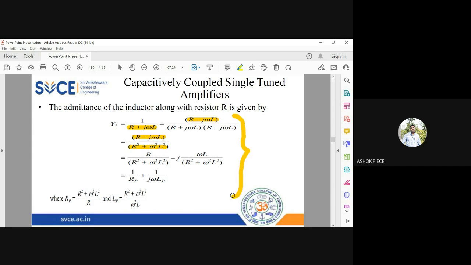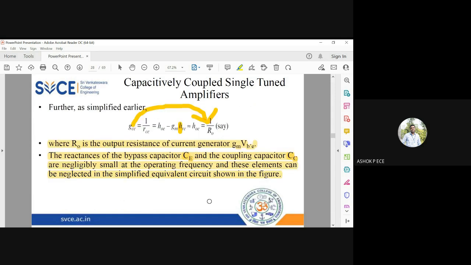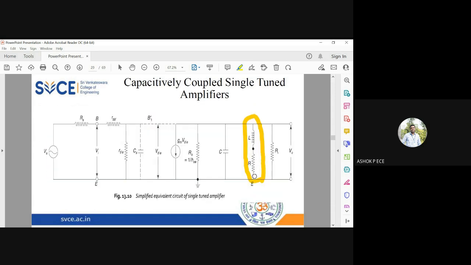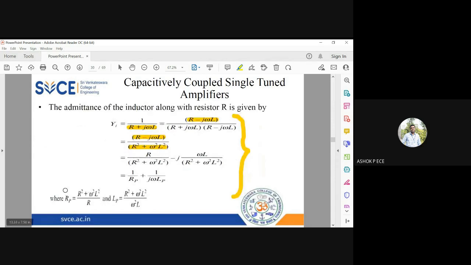So I want to find what the parallel resistance and inductance are in terms of R and L. You cannot just put this series RL into parallel RL like that, because the values will change. We can't immediately decompose the series RL into parallel RL because the values will be different in the series and parallel cases. So I am finding out the values of R and L in parallel. Then I am going to replace the series RL by the parallel RL circuit.